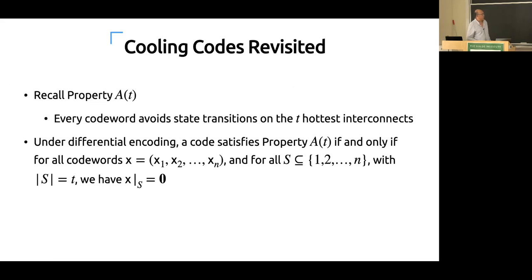Under differential encoding, property AT now means that for all code words x and for all S, where S is the index set of the T hottest wires, x restricted to those positions in S must be the zero vector, because it must not cause transitions on those T hottest wires.